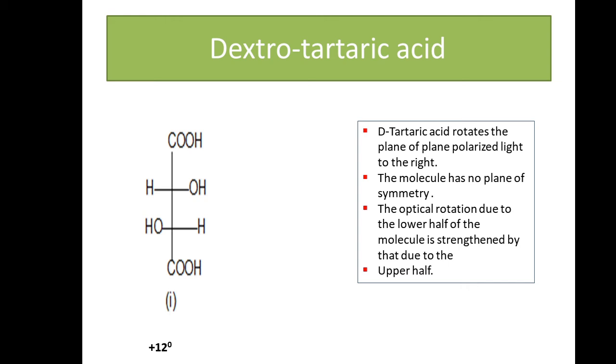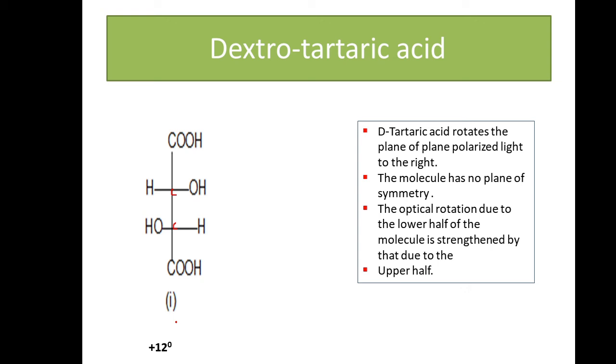Now the first structure of tartaric acid. Optical activity studies show that this has two stereogenic carbon atoms. The tartaric acid rotates the plane of plane polarized light towards the right. That means the first structure rotates the plane of plane polarized light towards the right.